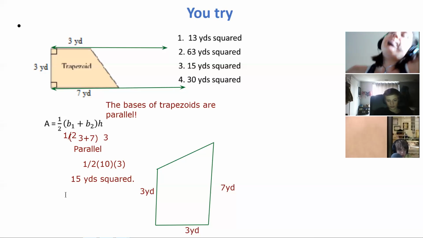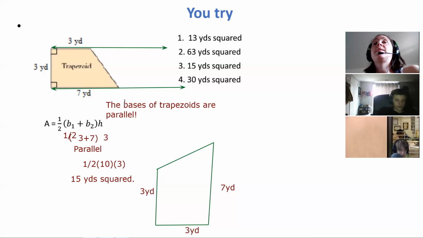Very good. Okay. Questions on that? How would you solve it without the formula? How do you figure out what the slanted one is? What I did was 3 times 3, and that's 9.